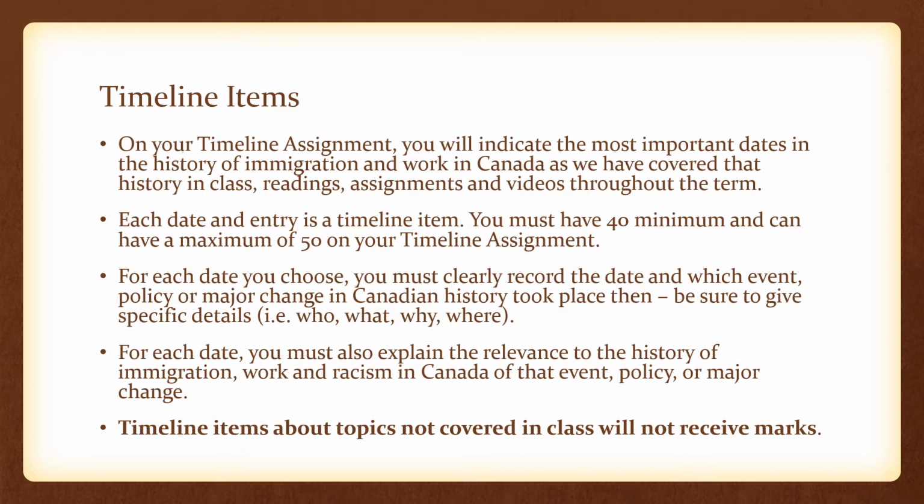For each date, you also have to explain the relevance of that event or that item to the history of immigration, work, and racism in Canada, all right? So any timeline items that are about topics that we have not covered in class, in the readings or the assignments or the videos, will not receive marks. So you want to find all of your timeline items in the course materials.